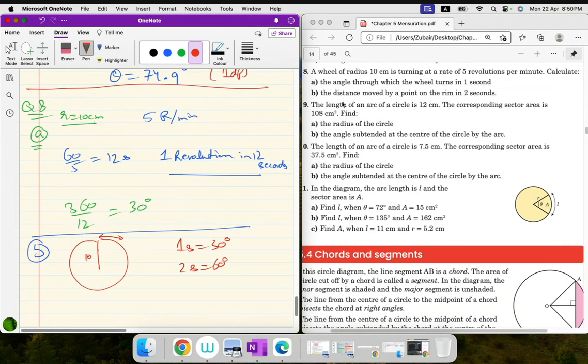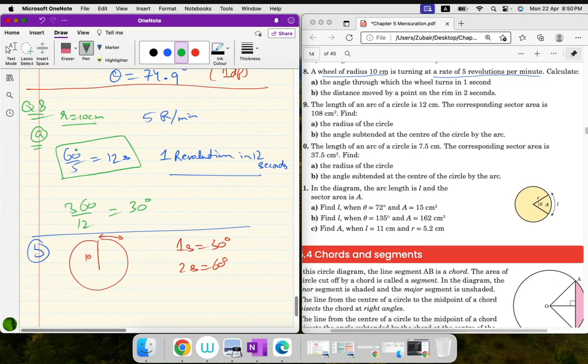Okay. It says a wheel of radius 10 centimeters is turning at a rate of 5 revolutions per minute. So 5 complete circles in 1 minute. Haris, would that mean that it is taking 12 seconds for one revolution?